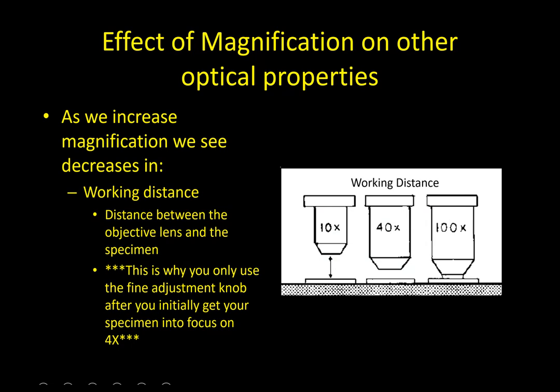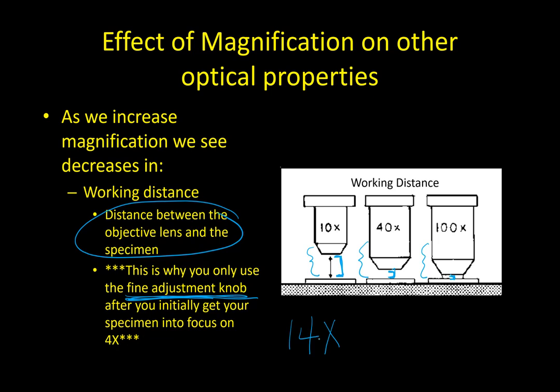So again, working distance. Here's my 10x, my 40x, my 100x. Look at the distance between my objective and my slide. As I go up, this distance gets smaller and smaller and smaller. So the distance between the objective lens and the specimen shrinks. This is one of the reasons why we only use the fine adjustment knob after we get things in focus at the 4x objective.